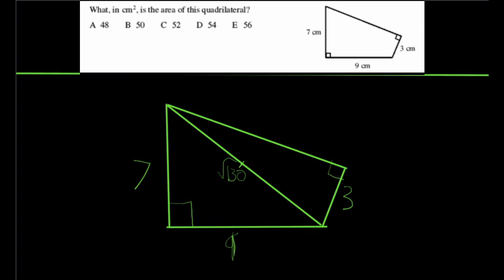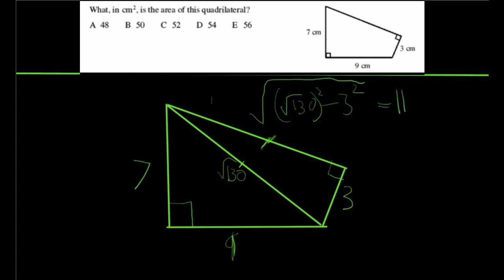Okay, and now we can work out this side here, and we can do that by using Pythagoras' theorem again. So this side here will be equal to the square root of 130 squared minus 3 squared, and then we're going to have to square root that, and that will give you 11.